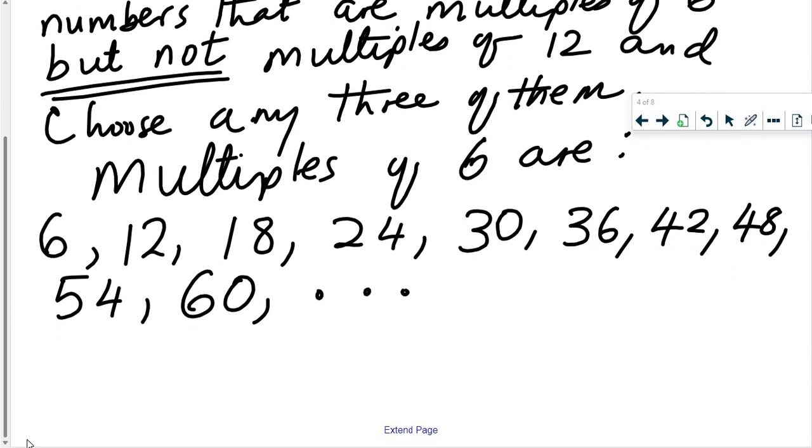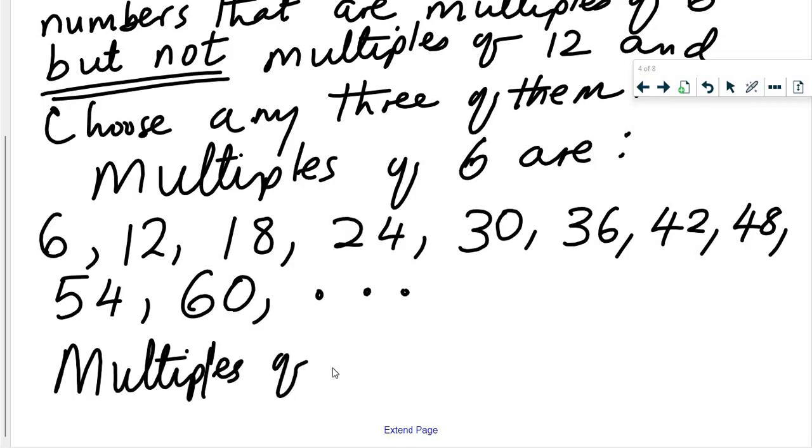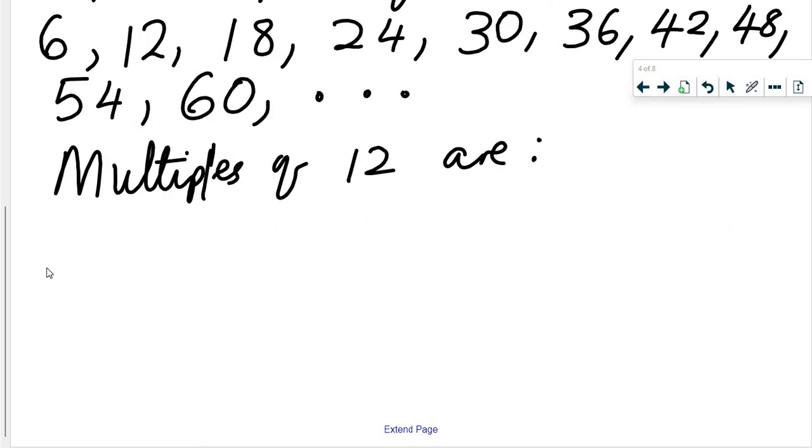So let us continue with multiples of 12. Now, multiples of 6 are done, but they go to infinity. Let's go to multiples of 12. Same story. Start with 12.